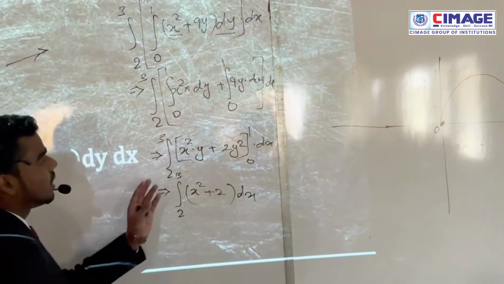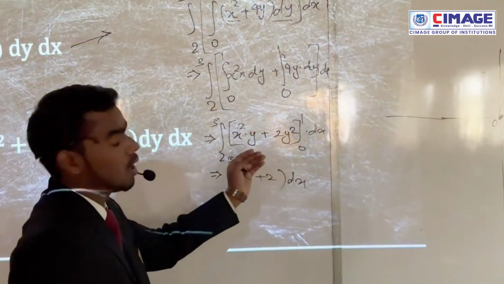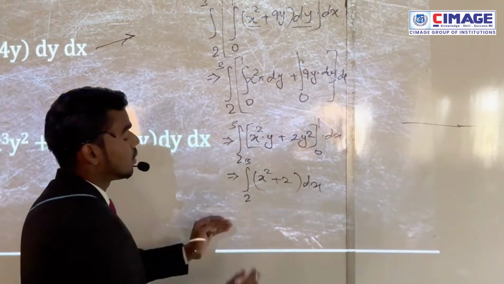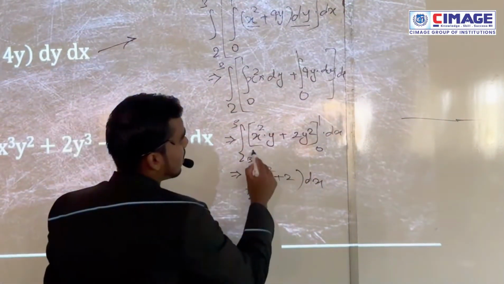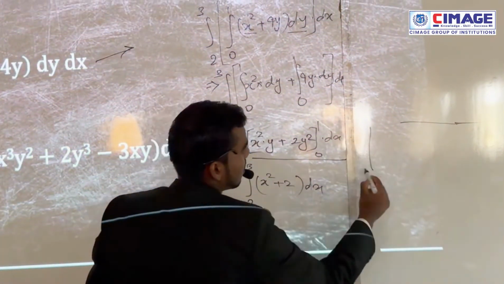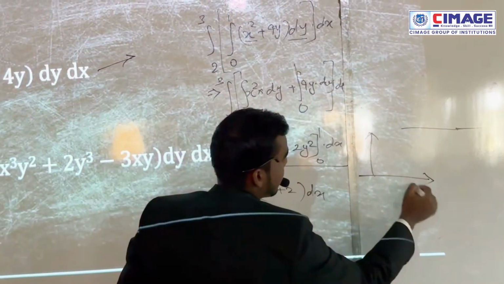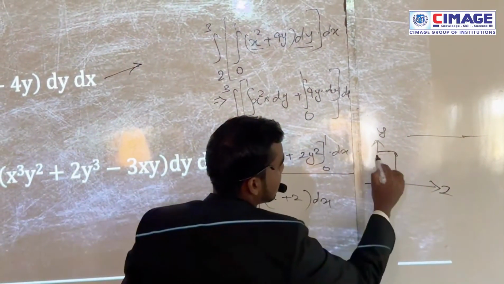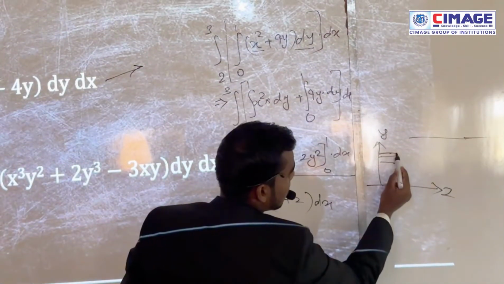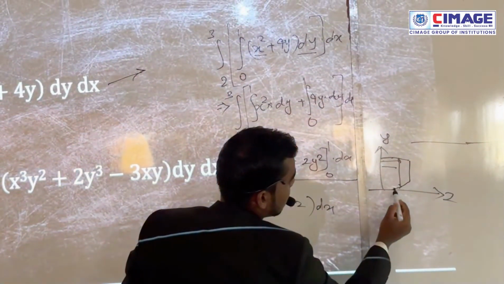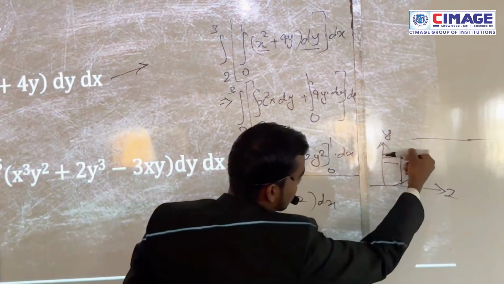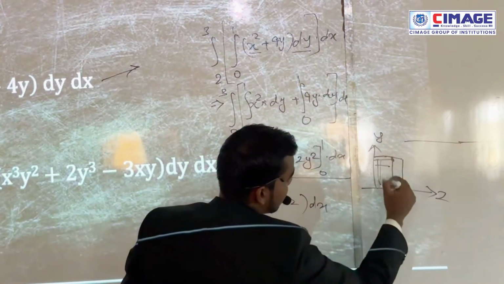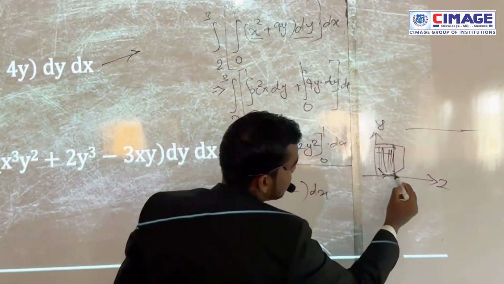So we have calculated the area in the y-axis. Now our area on this axis is completed. Now we are going to find the area of this part in the x-axis part.